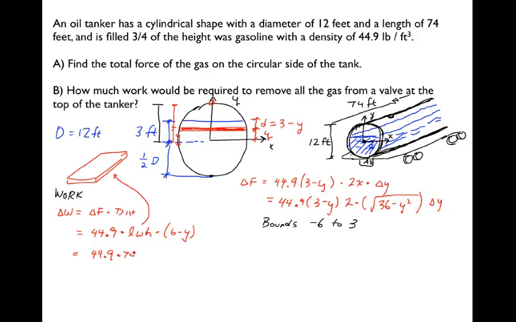The width is 2x, and 2x is, this is x over here, the square root of 36 minus y squared. There's our width, 2x. The height of it is delta y, times 6 minus y now. Bounds are from? Same, right, it's the same layers, but now the layers are three-dimensional layers rather than two-dimensional strips, but it's the same, negative 6 to 3.